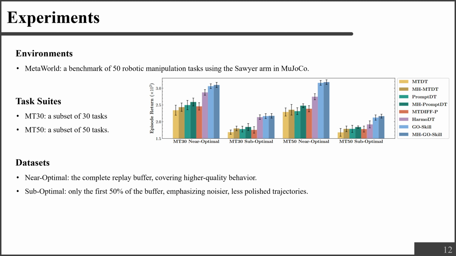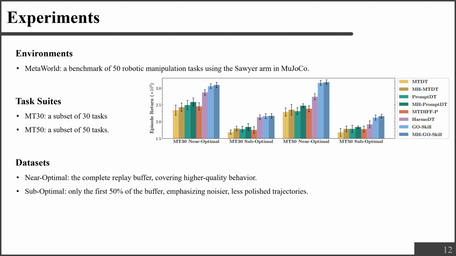Then about the baseline works. MTDT is a decision transformer extended to multitask, and MH-MTDT is MTDT with independent task-specific heads. Prompt-DT is a DT with trajectory prompts for multitask generalization, and MH-Prompt-DT is a Prompt-DT with independent task-specific heads. MTDiff is a diffusion-based method combining transformer and prompt learning for planning.